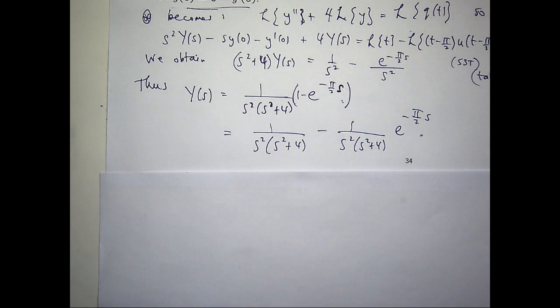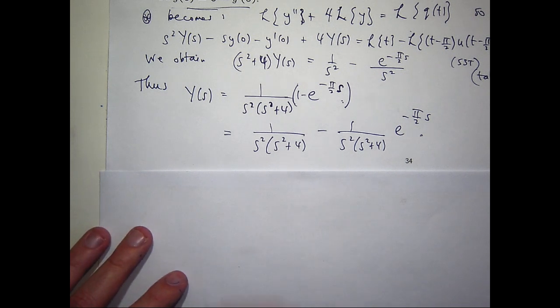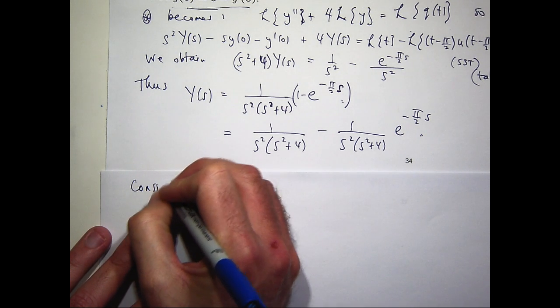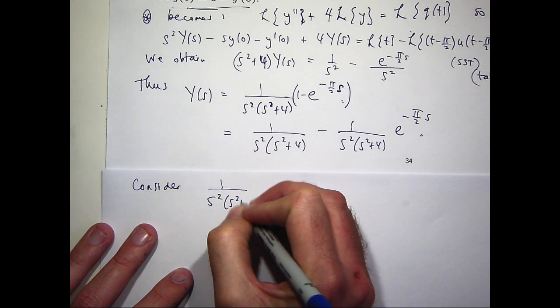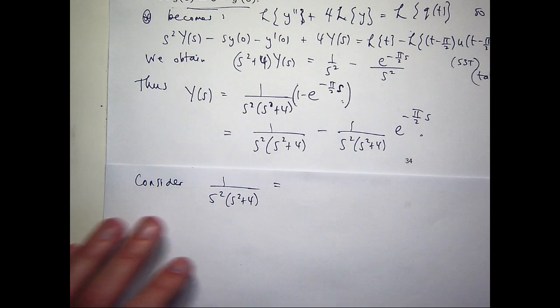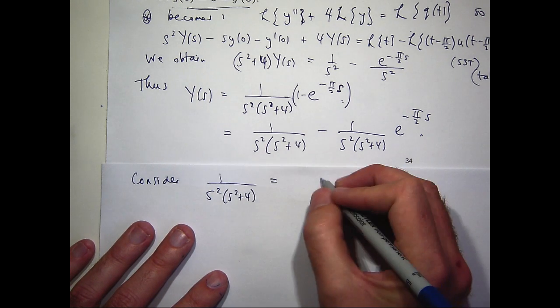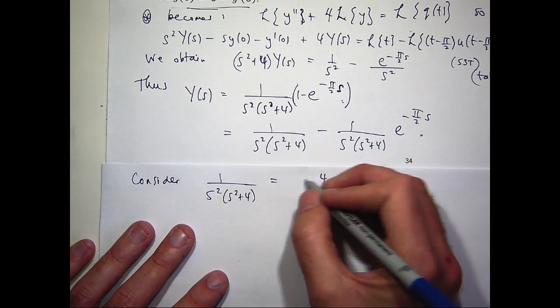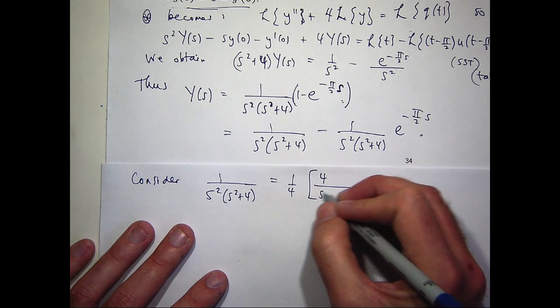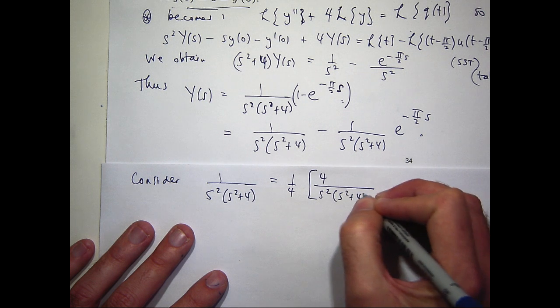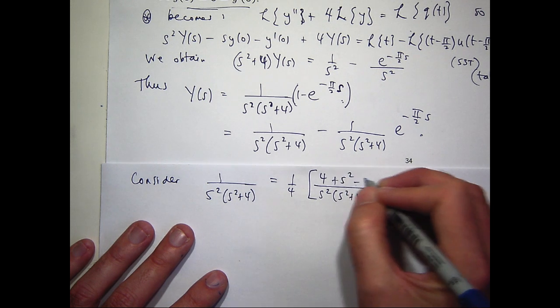But we don't have a 4. But can I make it a 4? Yes, I can. I can multiply by 4 and divide by 4. So what I'm going to do is multiply by 4, divide by 4, add s squared and take s squared away.